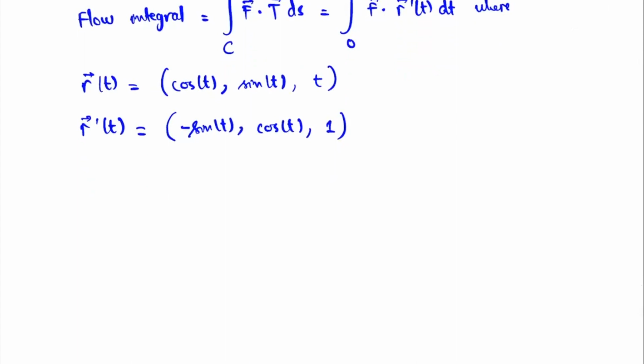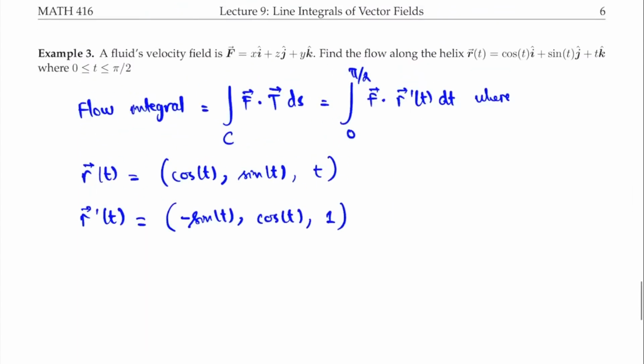Not only do you parameterize the curve, you also have to parameterize the vector field. So f is equal to x, z, y, where x is equal to cosine of t, z is equal to t, and y is equal to sine of t.